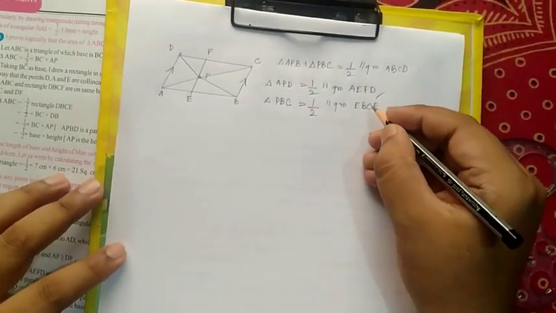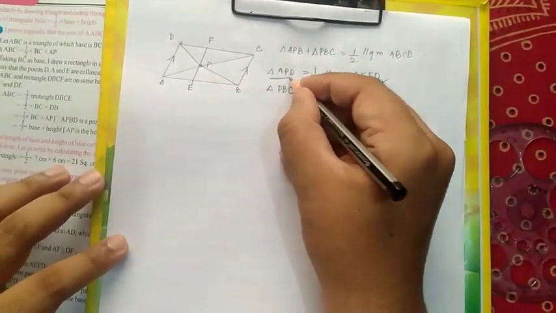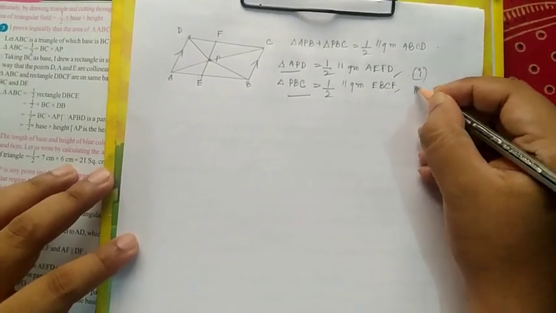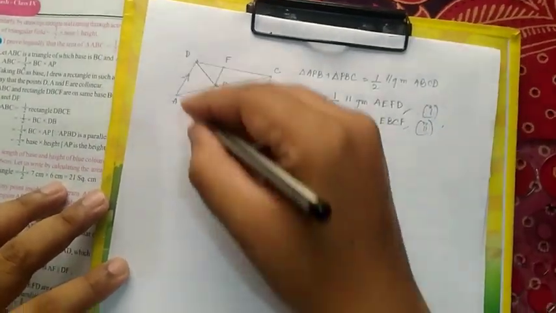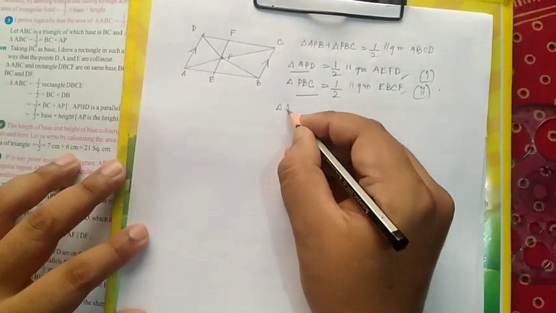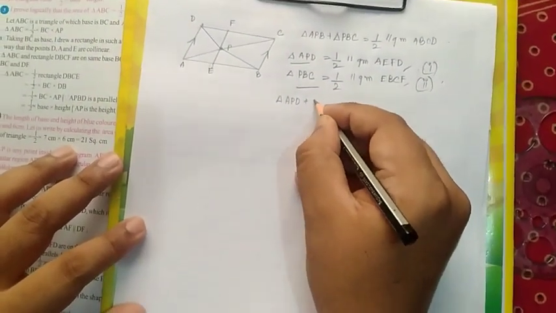So, given this is equation 1 and this is equation 2, if we add them, we get triangle APD plus triangle PBC.